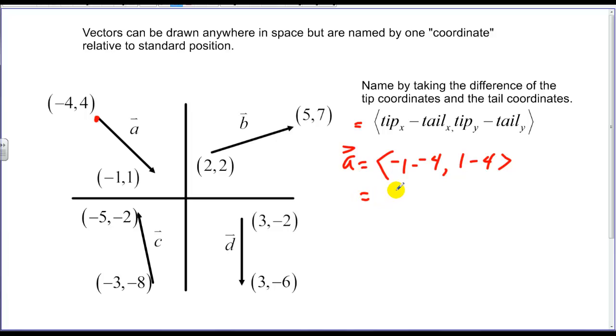Notice this gets me a vector of 3 and -3. Think about where that would land if I were to start at the origin. 3, -3 would be somewhere in the fourth quadrant. And if I look at the initial vector, it's pointing in the same relative direction, it's just slid down.